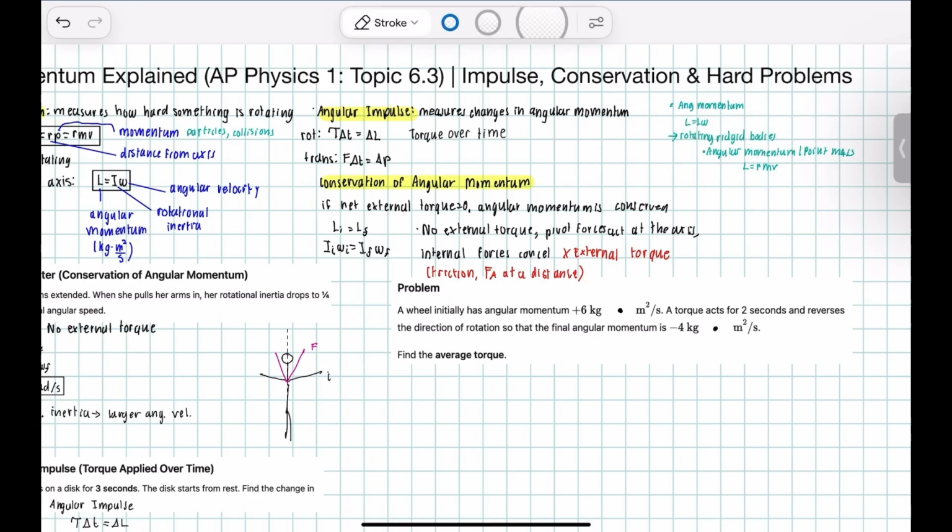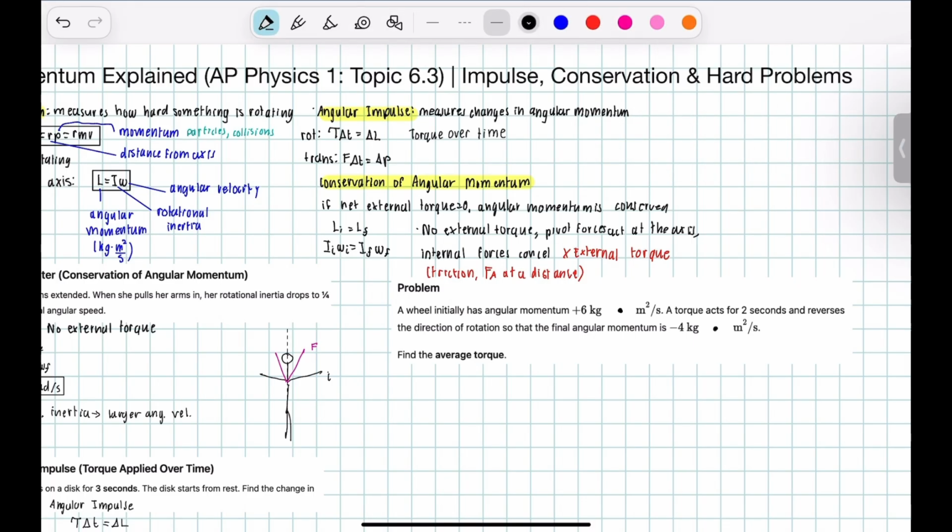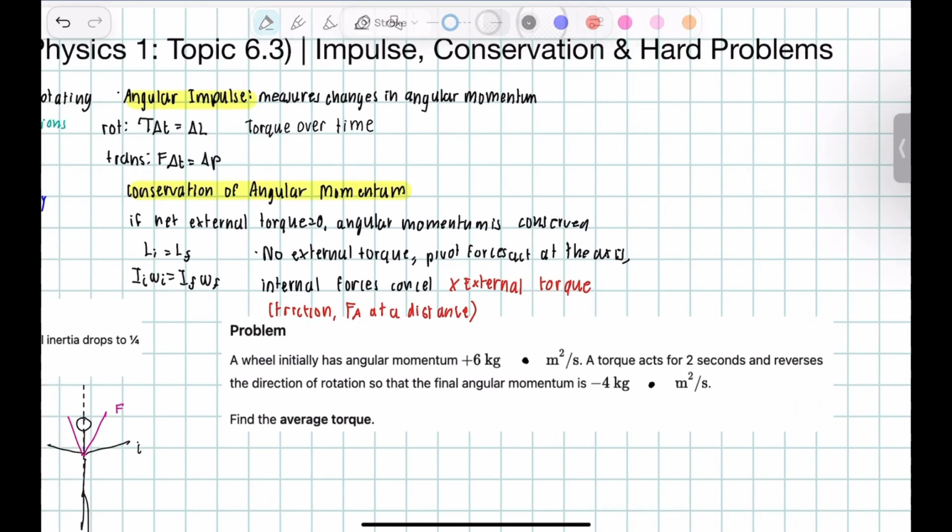And for rotational collisions, you can use the form Li is equal to Lf, for the example we just used: clay, disks, and impacts.